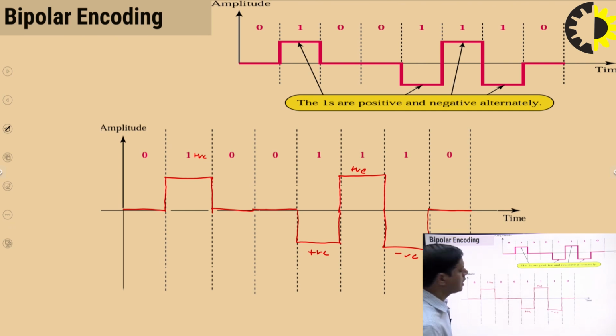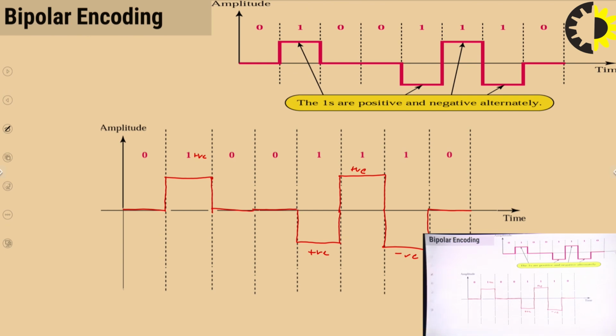Again I am repeating, line coding we are using for converting digital data into the digital signal, and in a broad way we are dividing into 3 categories. One is unipolar, one is polar, and third one is bipolar. The second category is further divided into 4 categories. One is NRZ, then RZ, Manchester encoding, and differential Manchester encoding.